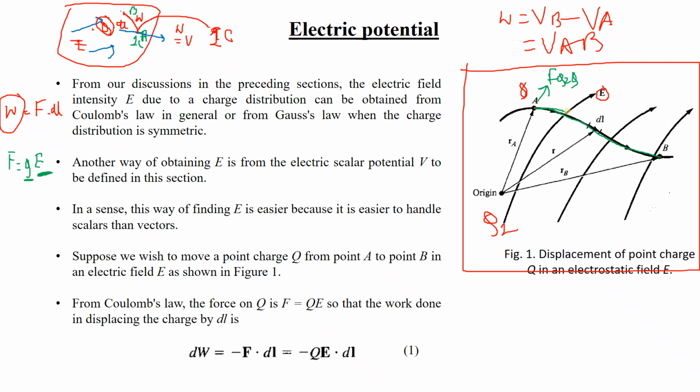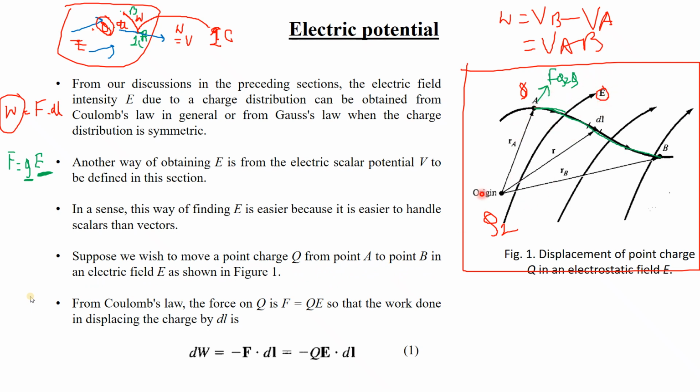That is enough to push you, but you still want to walk from point A to point B. So you are applying extra force, because you are walking against the force of the wind. That means this work done is positive.